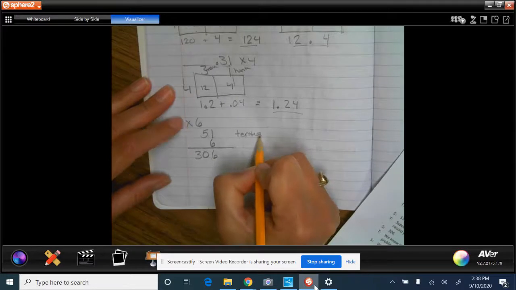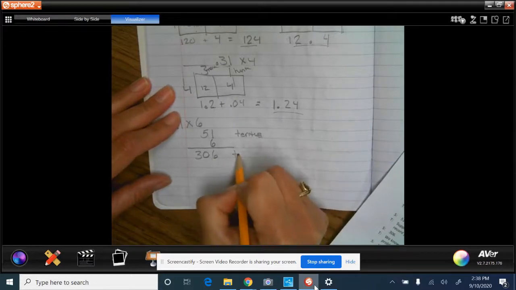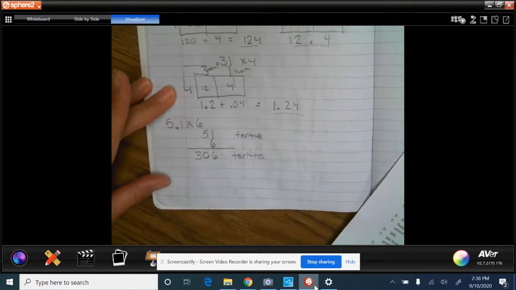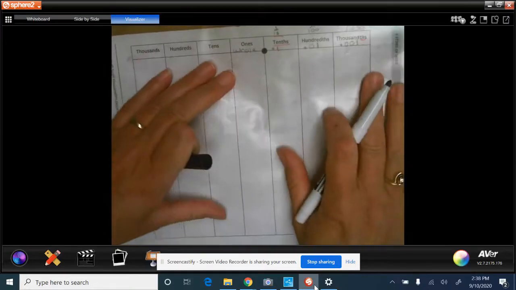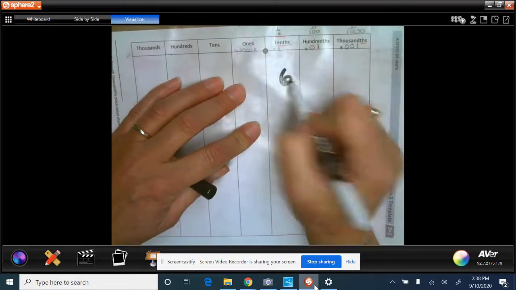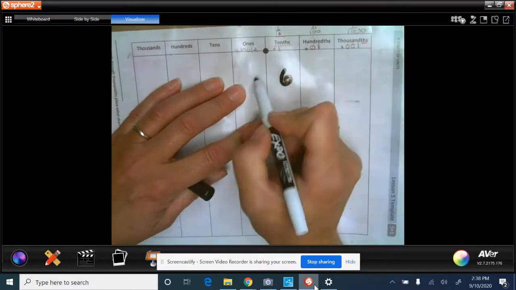But since it was in the tenths place, then my answer has to be in the tenths place. Now, I'm going to use my place value chart to really think about what 306 tenths looks like. That means that my 6 has to be in the tenths place, right?